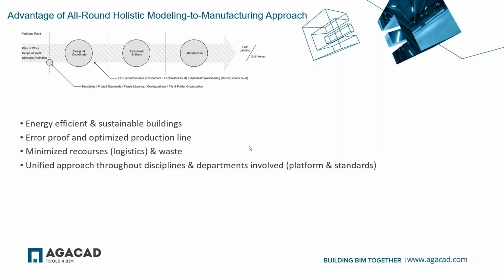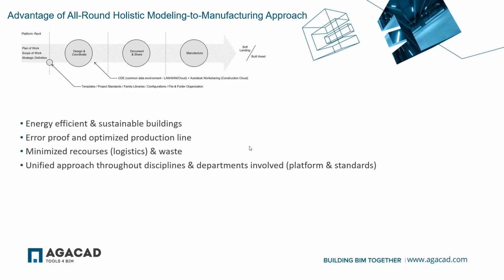So things like Panel Packer are saving space. That is a predominant algorithm that is designed to save space when it's packing, optimized for saving space. So it's going to put one panel above the other based on the algorithm to save the space, right? And it's a unified approach throughout the disciplines and departments involved.